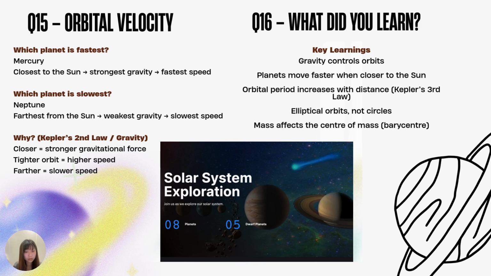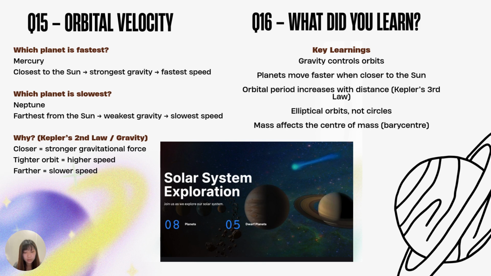And for questions 5 and 6, it is question 15 and 16. For question 15, the fastest moving planet in the solar system is Mercury, because it is closest to the Sun and experiences the strongest gravitational pull.